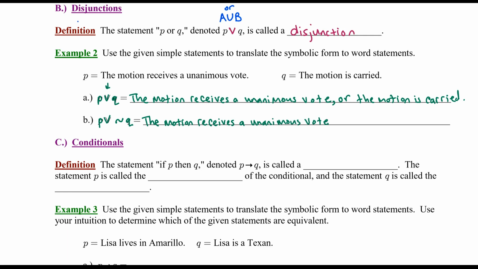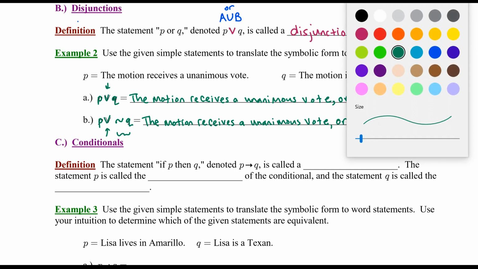Then the connective here is the word or, and then we need to form the negation of Q. Since Q does not contain a quantifier, we can negate it simply by inserting the word not. Or the motion is not carried.